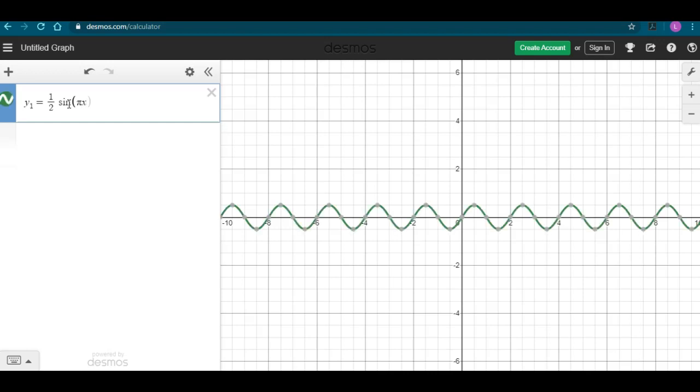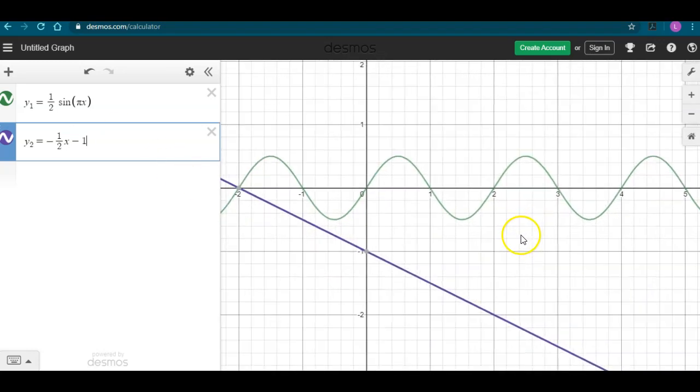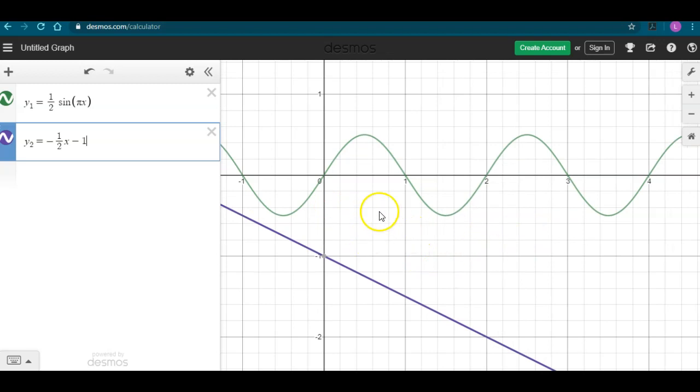So we've got pi x right there. For y2, we're going to type in -1/2 times x minus 1. Those right there are my functions, and between 0 and 2 you should see that kind of matching up with the shape that we had before.